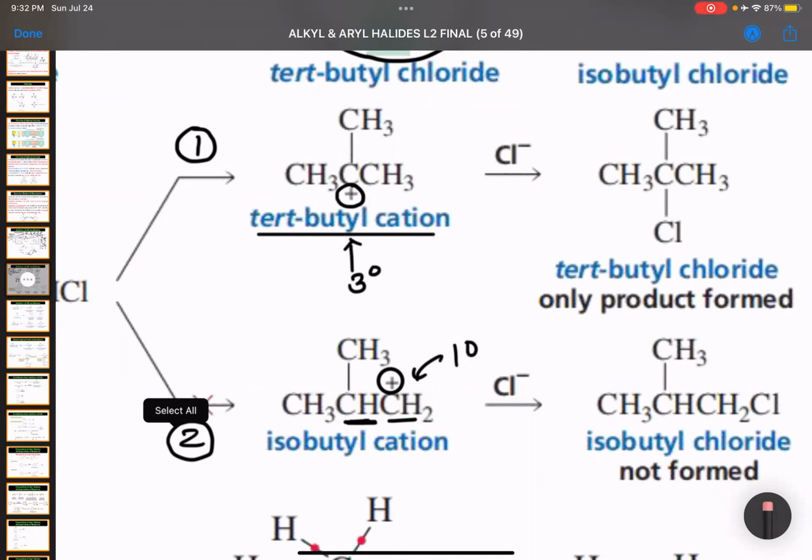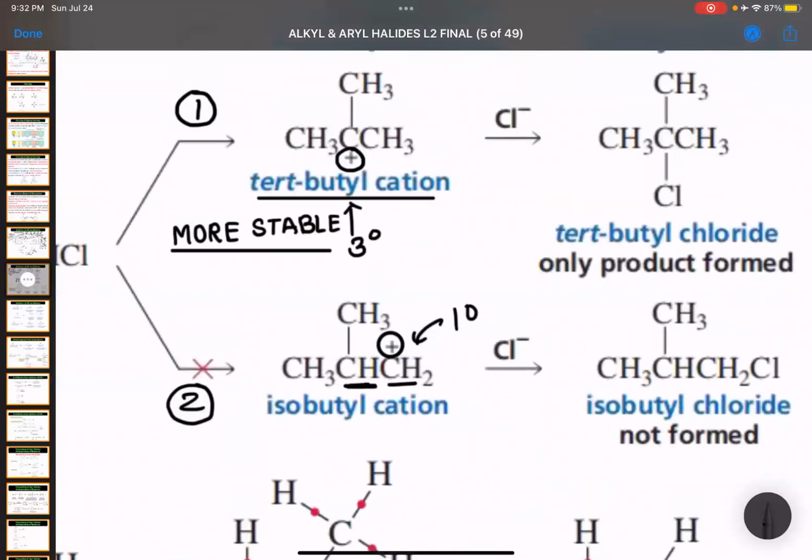Why is the tertiary carbocation more stable? Why is it so? And if you choose to form this pathway 2, that is less stable. Yeah, Samaya, Pavitra, tell me quickly. Darshan.